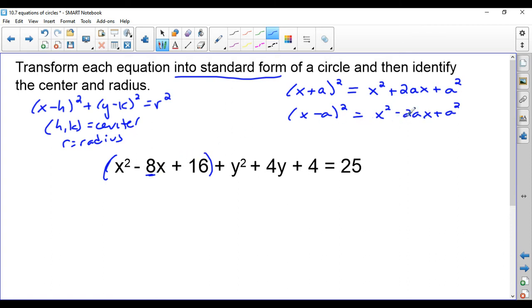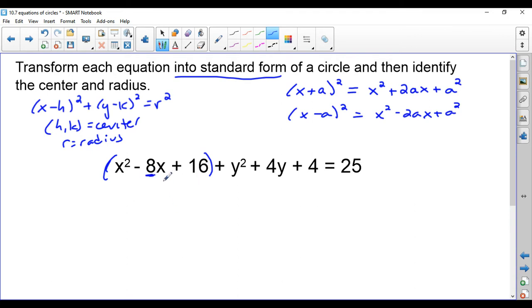That minus 8 is the minus 2a, which means my a value would be 4. If you have 4 squared, this should be plus 16. So this is part of the reason that completing the square works. When you complete the square, you make the constant the number you get when you divide the coefficient of x by 2 and square it.